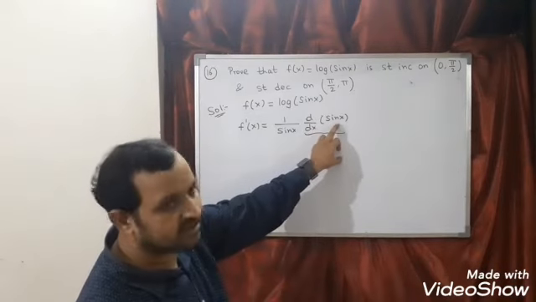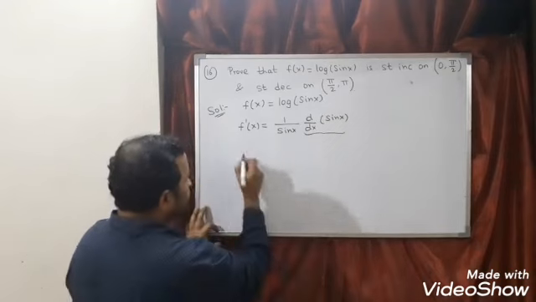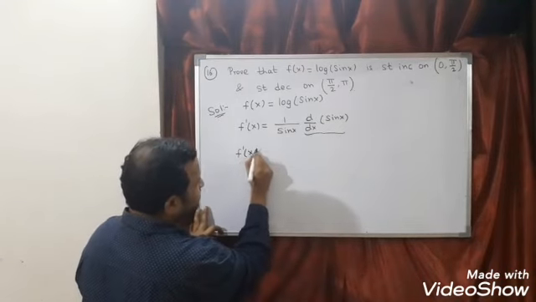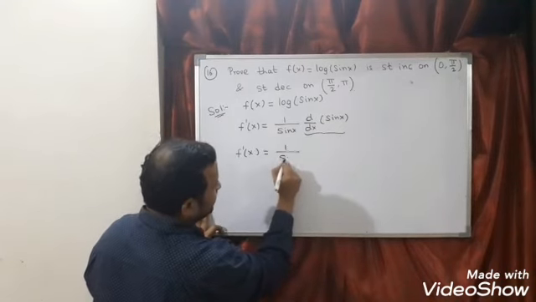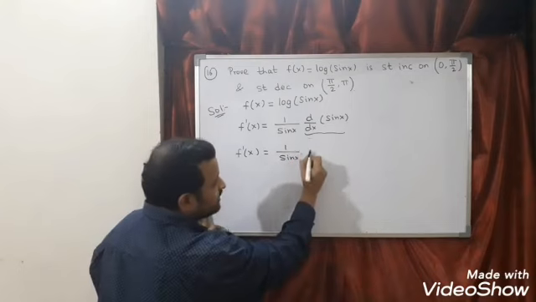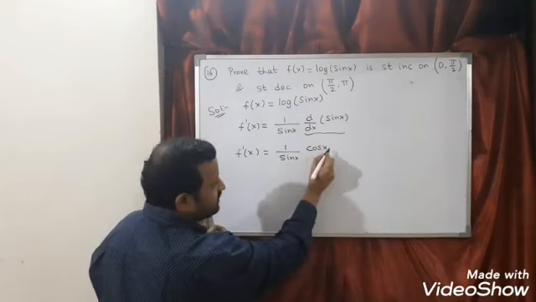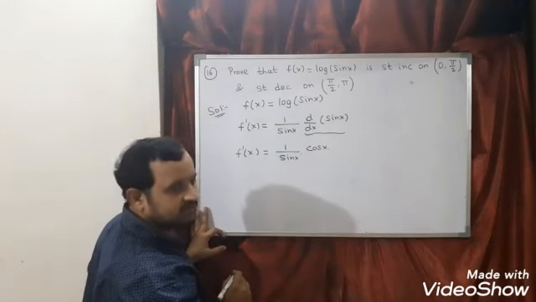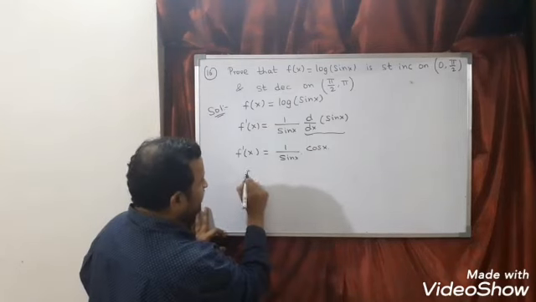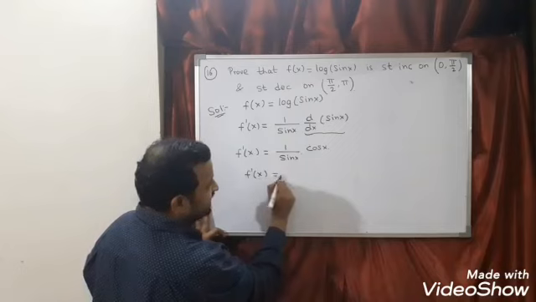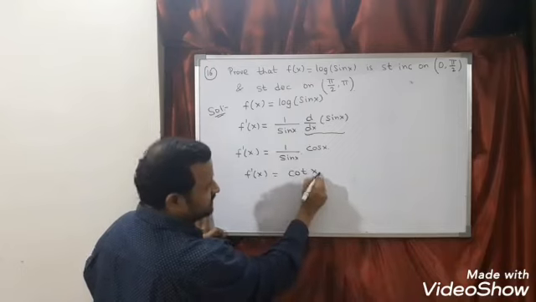What is the differentiation of sin x? Cos x. So f dash x is equal to 1 by sin x into cos x. Now cos x by sin x is what? It is cot. So here I can say f dash x is equal to cot x.